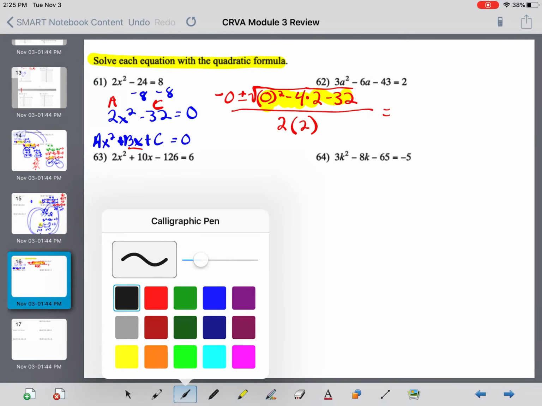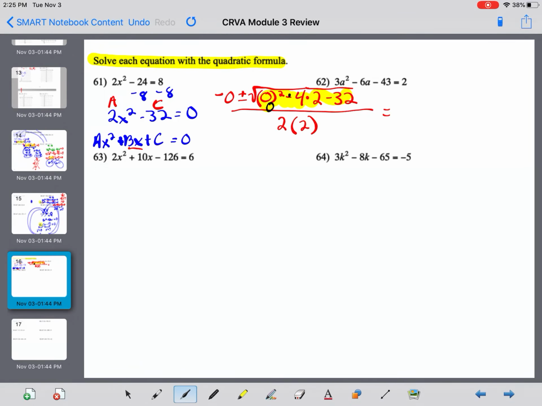Simplify what's inside the square root first. 0 squared is 0. Careful, this is like a negative 4, right, folks? I like to chop it up. You have 8 times 32, which is 256. Oh, it's positive because you had a negative times a negative.